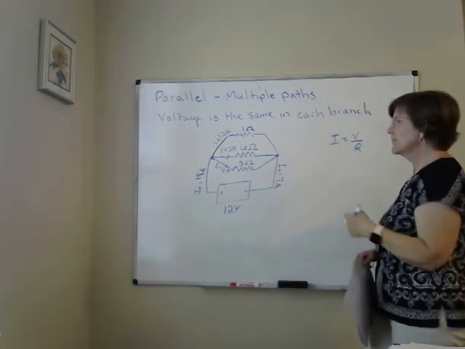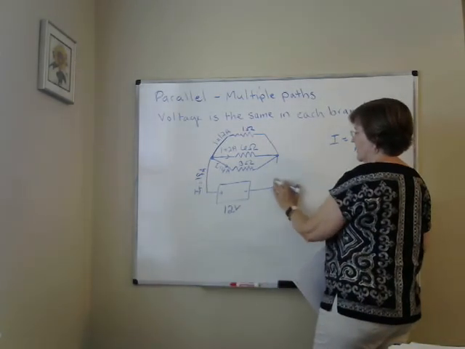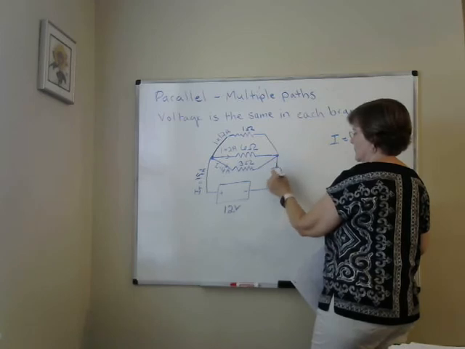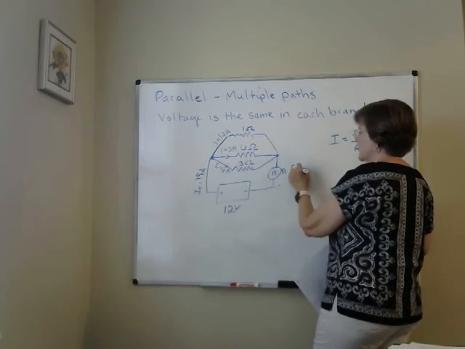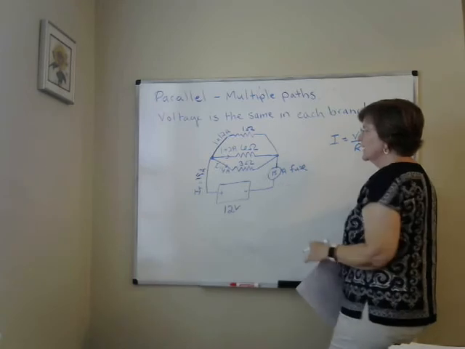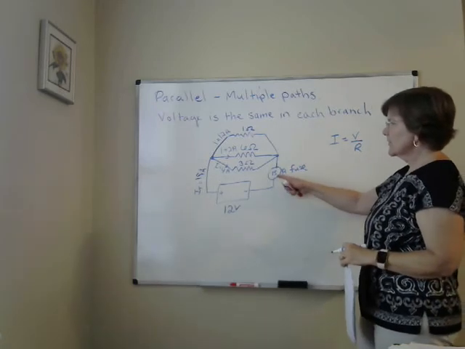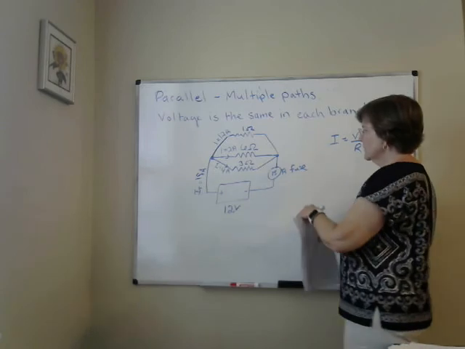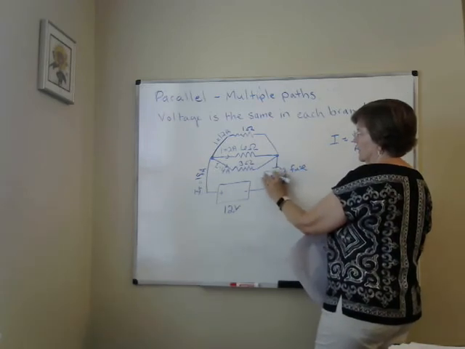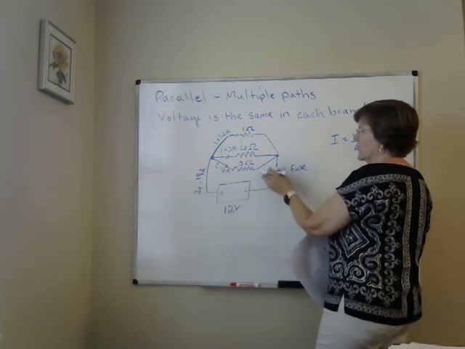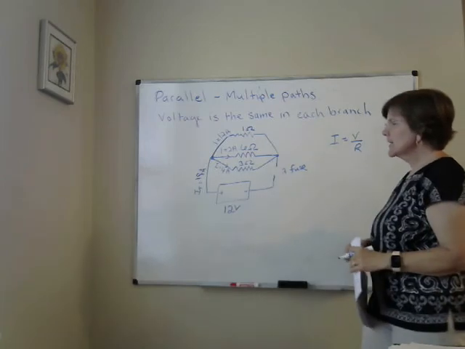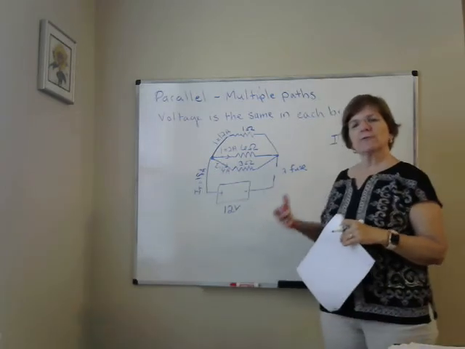If I had a fuse in here, say a 15 amp fuse, what's it going to do? Anytime the current gets greater than 15 amps, it's going to break this circuit. Basically, fuses melt. There'll be a break in the circuit. That's because 18 amps could be dangerous for that circuit.